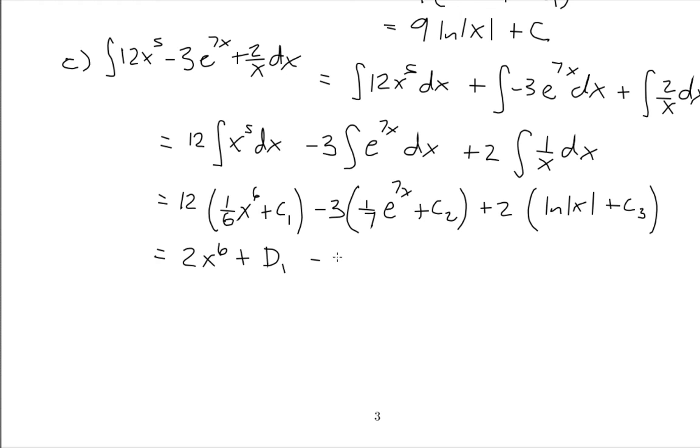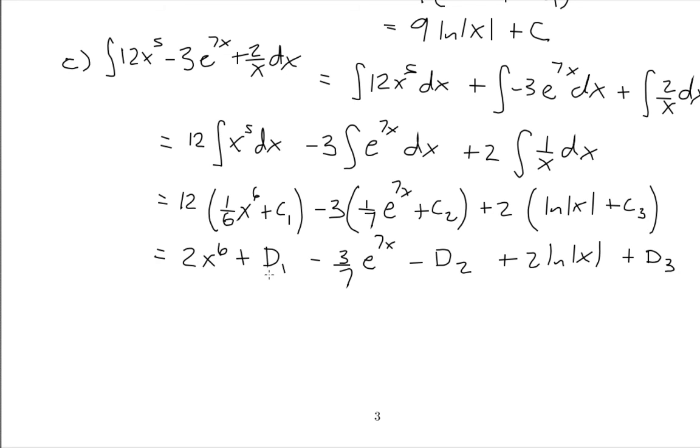So negative 3 over 7 e to the 7x, and then negative 3 times c2 I'm just going to call, say, d2. So this becomes minus the constant d2. And when I multiply this 2 in, I get 2 ln of the absolute value of x, and then 2 times c3, I'm just going to call d3.